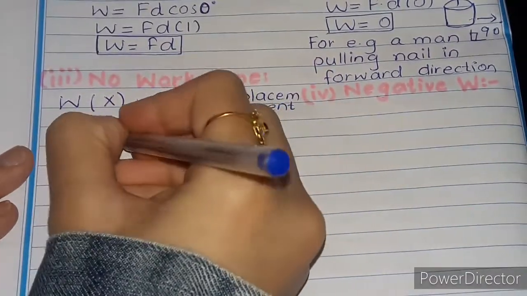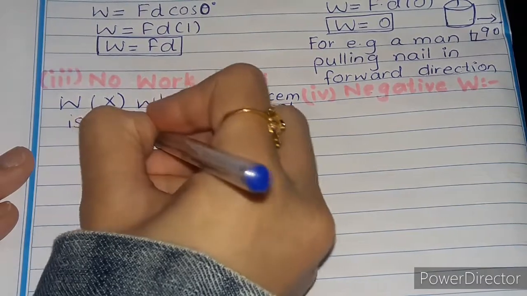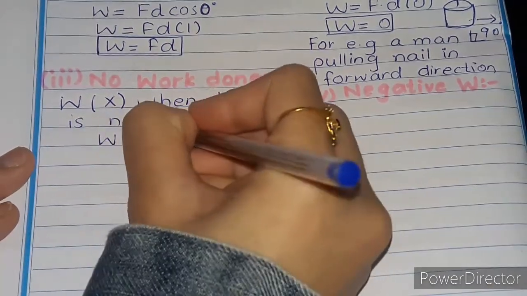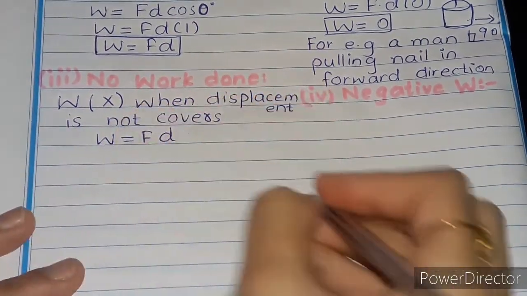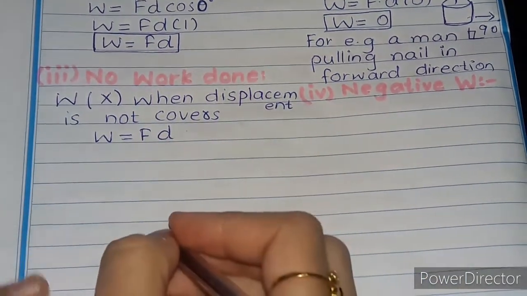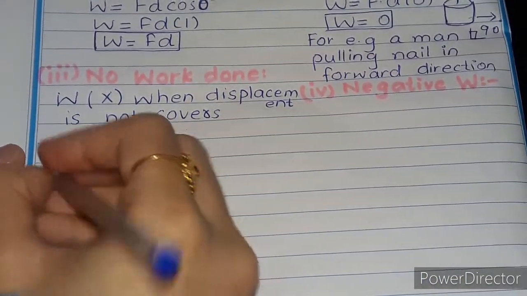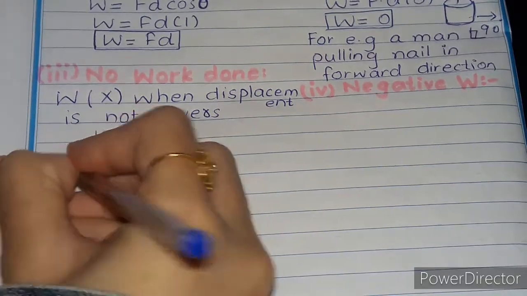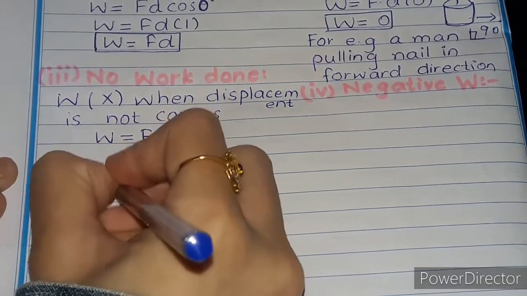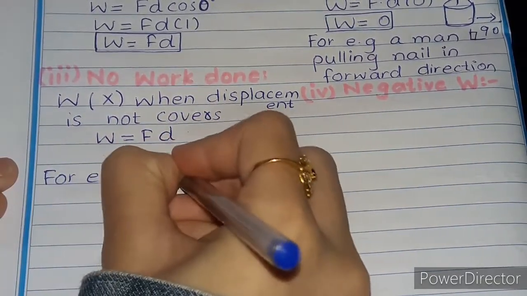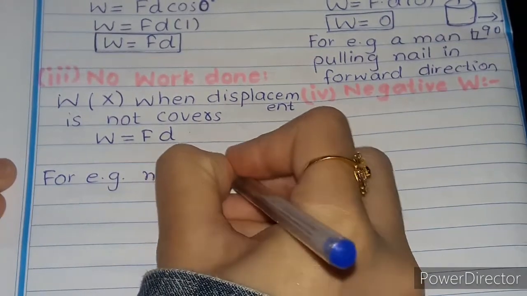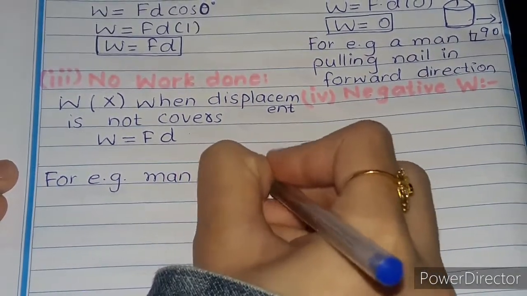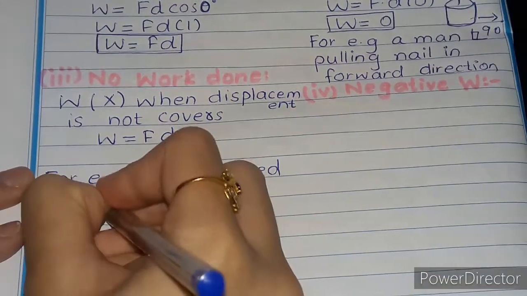Work done is equal to force into displacement. First I will give you an example, then we will move on. For example, a man exerts a force on a wall.